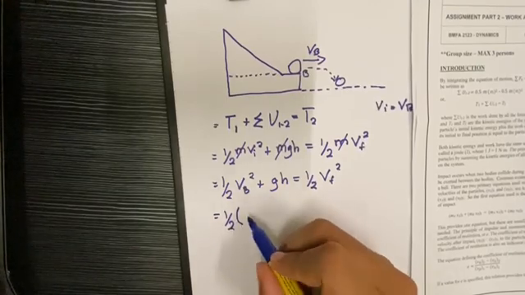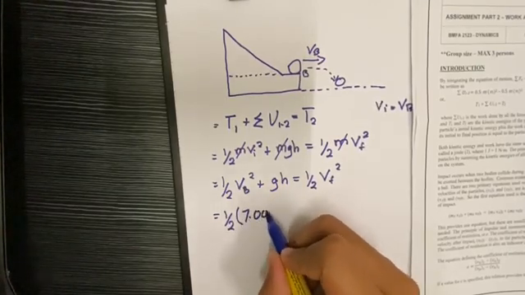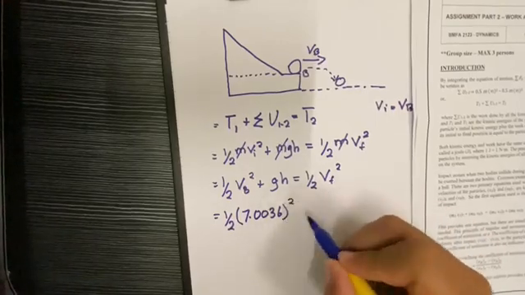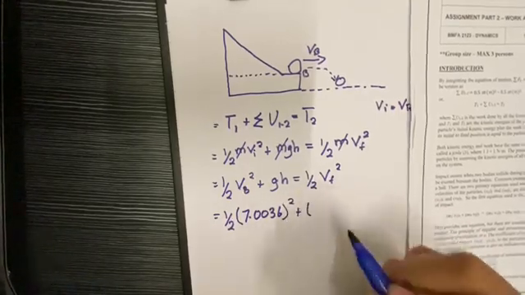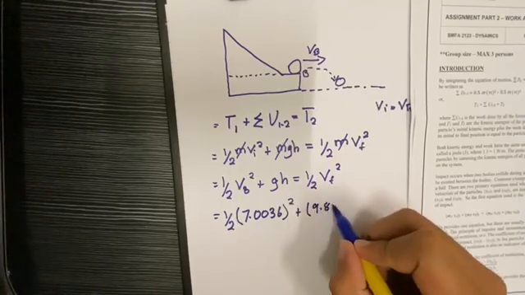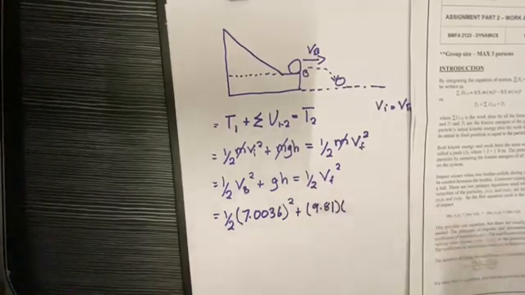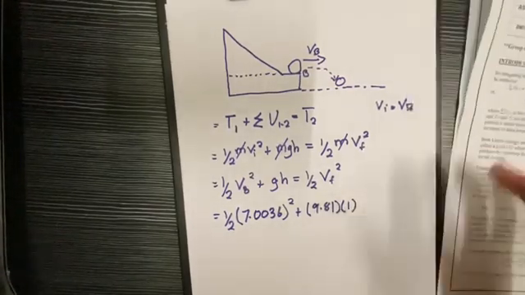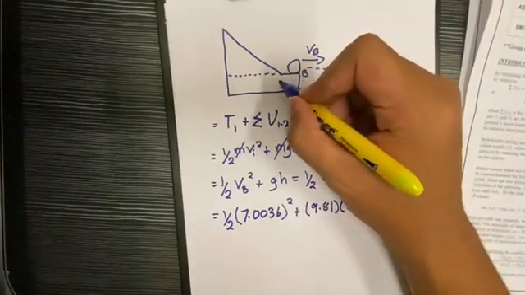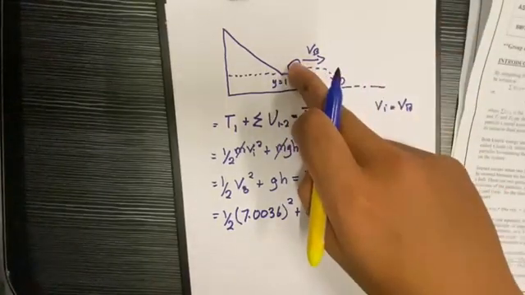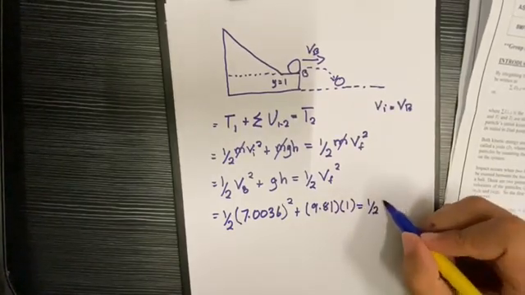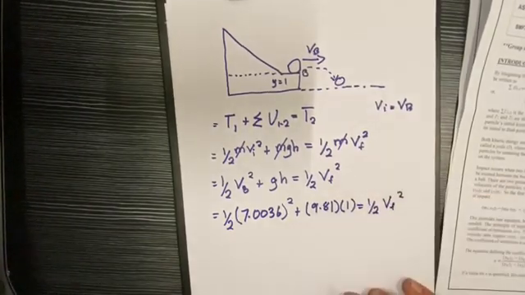VB is 7.0036 squared plus G, the magnitude of G is 9.81, times the height, which is 1, because this Y is 1, from here to here, equals half V final squared.